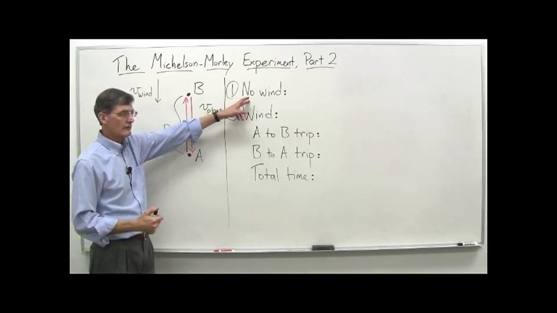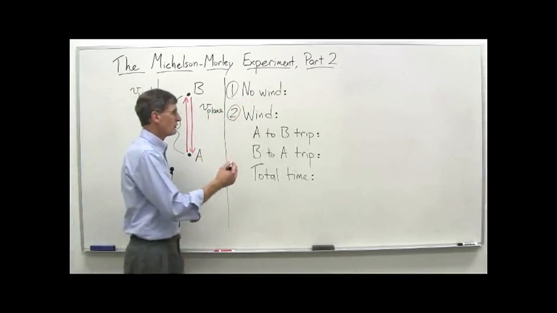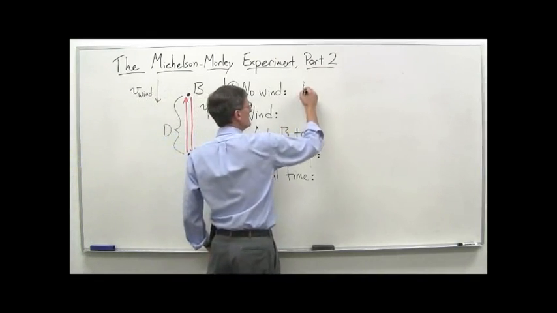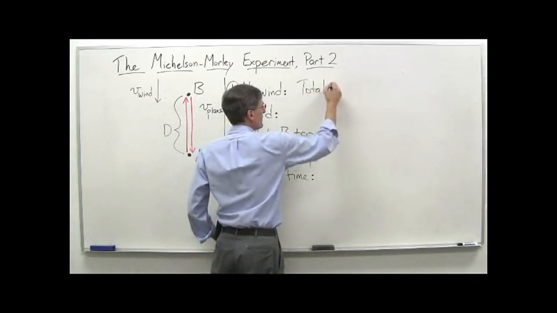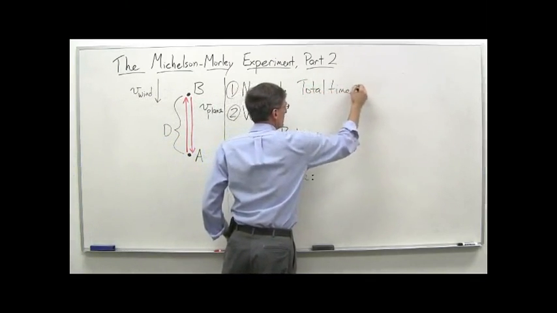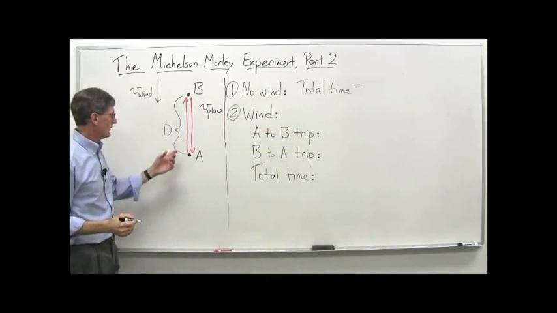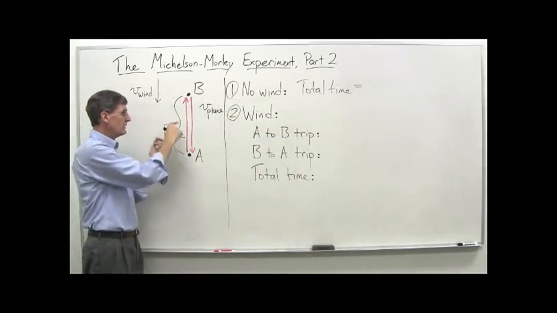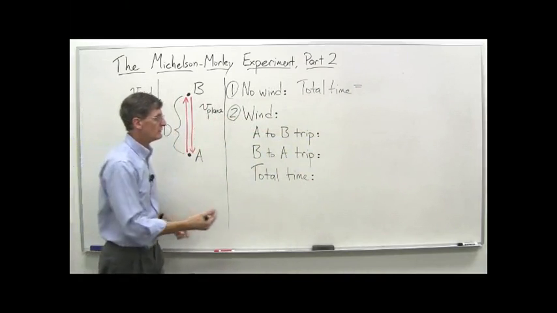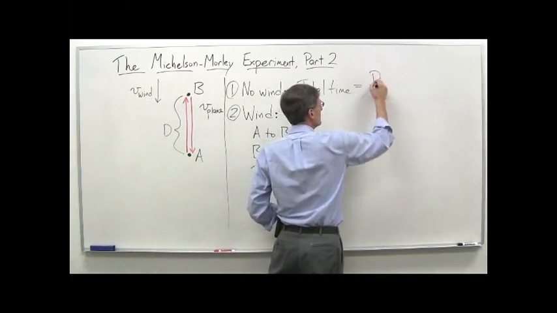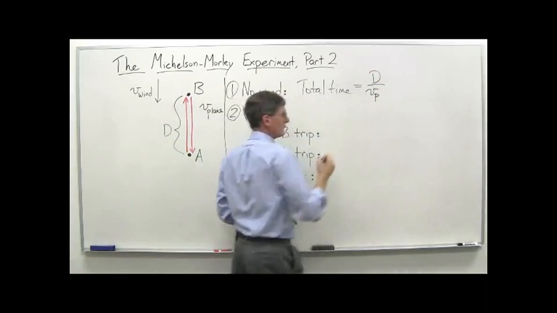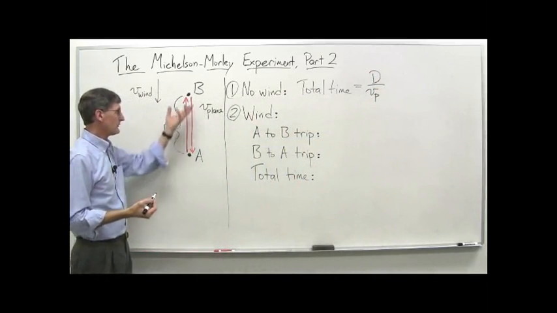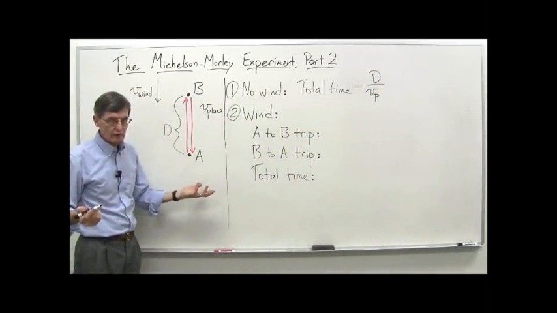So with no wind, then, the total time of our trip, for one leg, is the distance divided by the velocity, so just d divided by v sub p. So it's going to be d divided by the velocity of the plane. And then, of course, on the return leg, there's no wind involved.